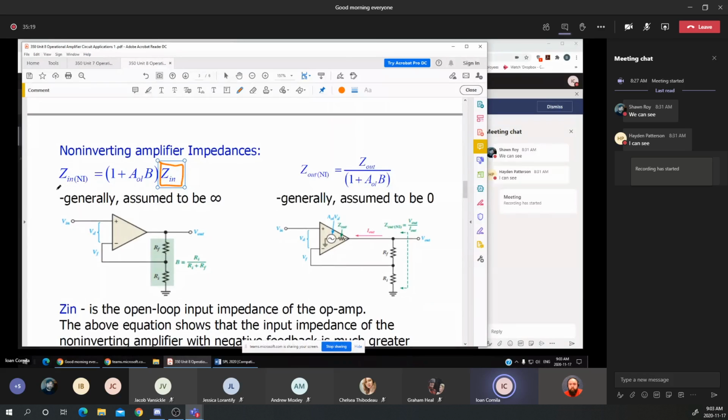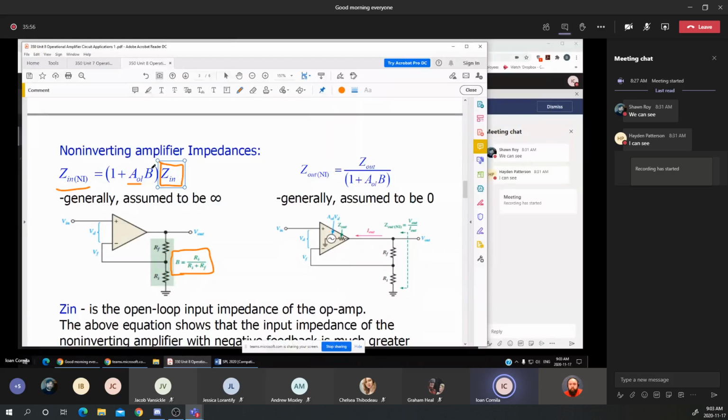The Zin for a non-inverting amplifier is greater than the input impedance provided by the manufacturer. And you notice that it's 1 plus the gain for an open loop, again provided by the manufacturer, multiplied by the B. B is the attenuation, and B is defined as the Ri over the two resistances, Ri plus the Rf, multiplied by a large gain.